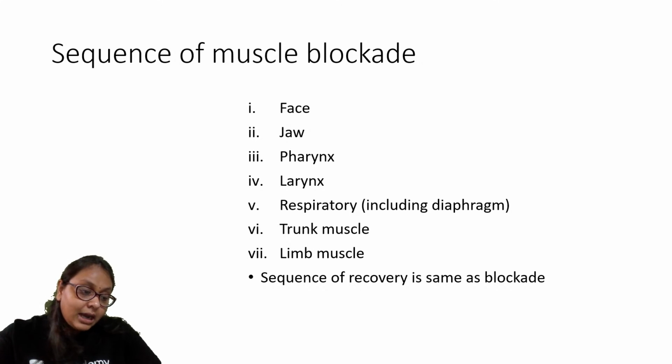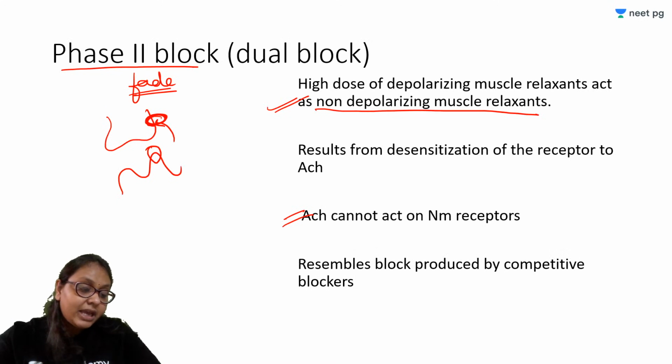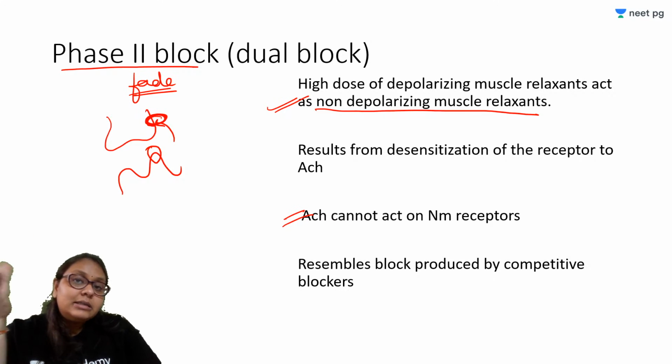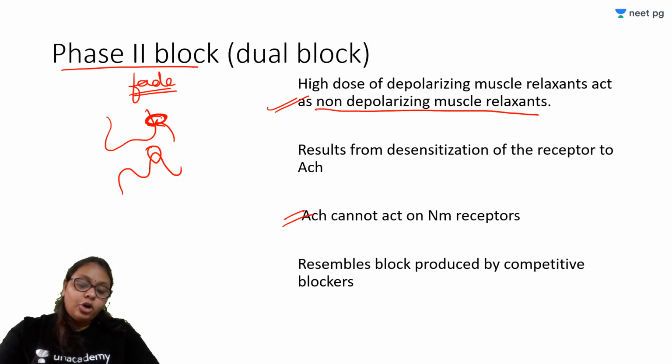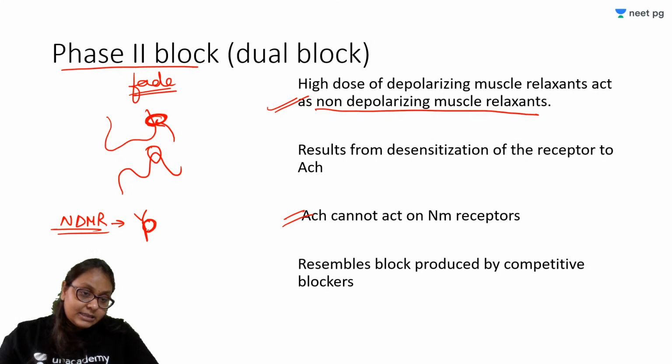Dr. SG, you are asking me whether the phase 2 block is because of desensitization? In the phase 2 block, succinylcholine is acting just like the non-depolarizing muscle relaxant. What were the non-depolarizing muscle relaxants doing? They were bringing a configurational change in these receptors, and therefore acetylcholine was not able to act on it.